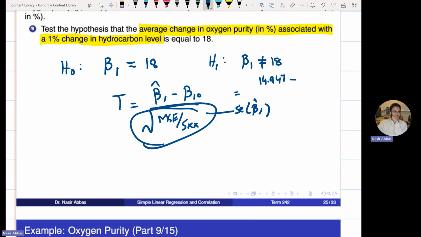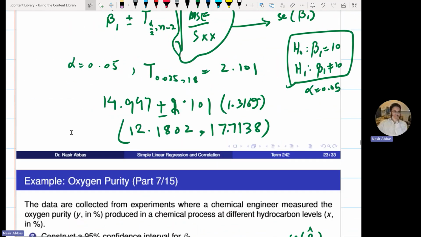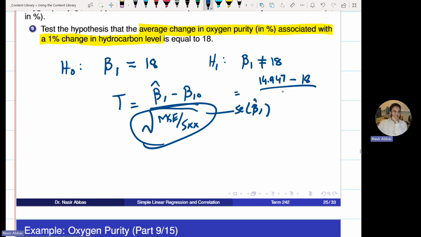Minus beta 1 naught, the value of beta 1 that you want to test, which is 18. Divided by the standard error of beta 1 hat, 1.3169. So this t value comes out to be minus 2.3183.